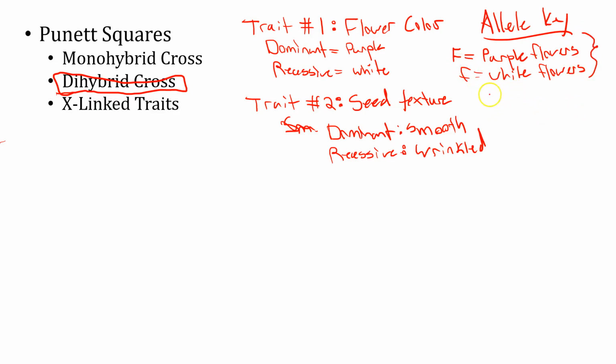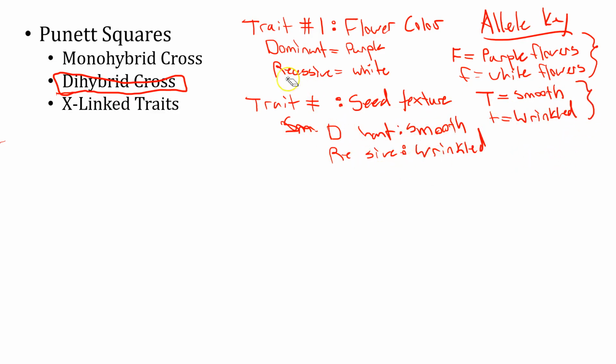And for trait number 2, texture, let's say that big T equals smooth, and little t equals wrinkled, since that's the recessive phenotype. Okay, so here's our allele key for 2 separate traits.